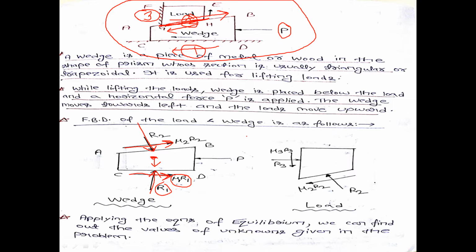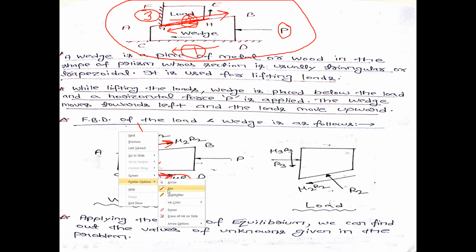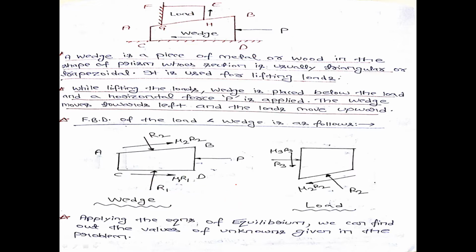No, sir, no doubt. Okay. In the same manner, I have to analyze the load part also. So let us draw the free body diagram of the load. So this is my load.